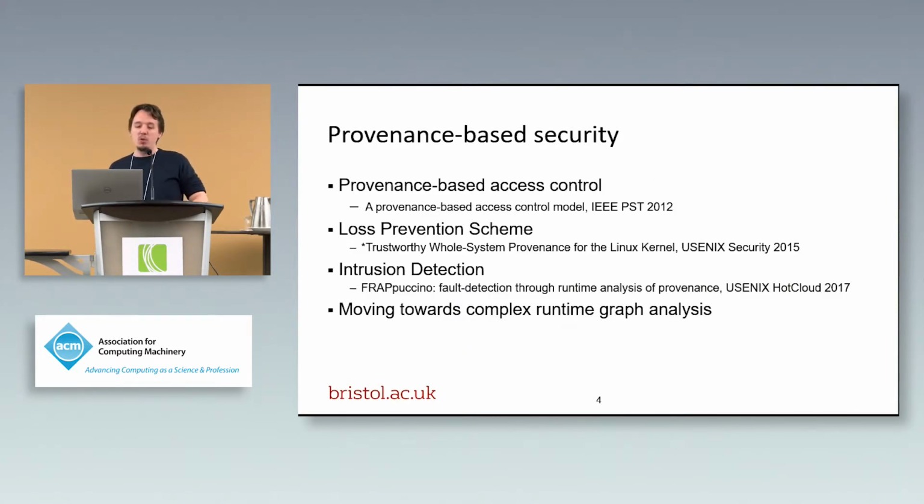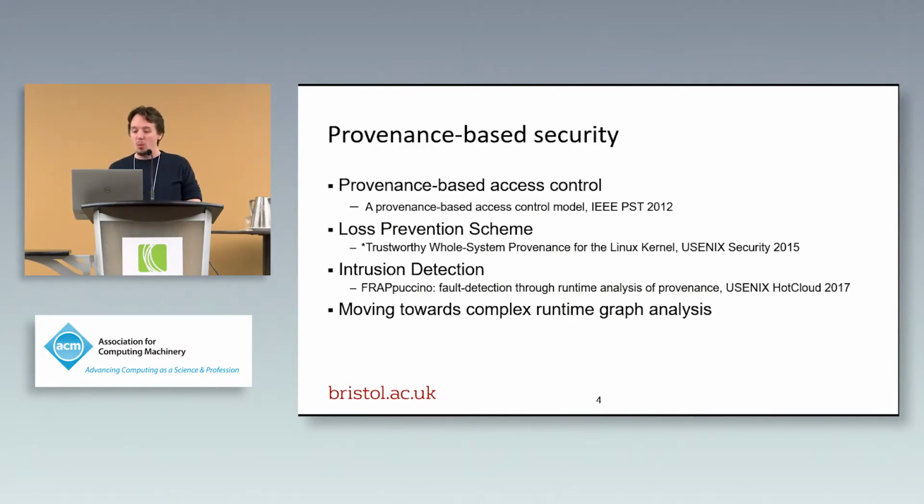And more recent work has started to look at provenance to do access control. So understanding the origin of data to make access decisions, implementing data loss prevention schemes. So deciding if a piece of data has a dependency to some item of data that is confidential or secret, to not allow that data to leave the system, or even more recently to look at intrusion detection.